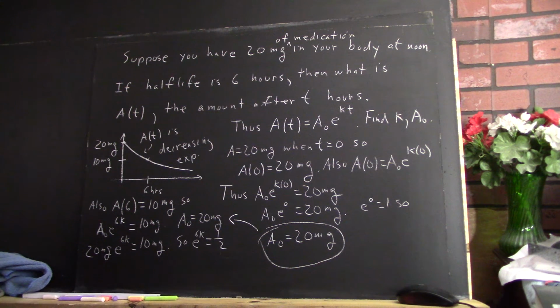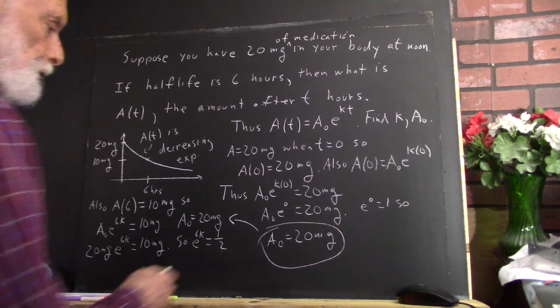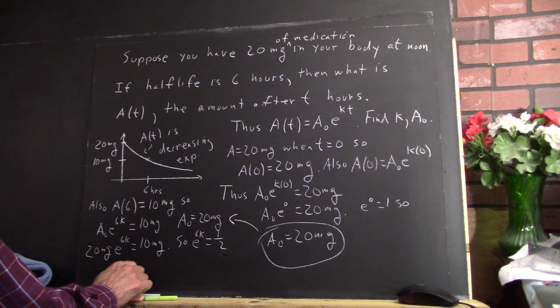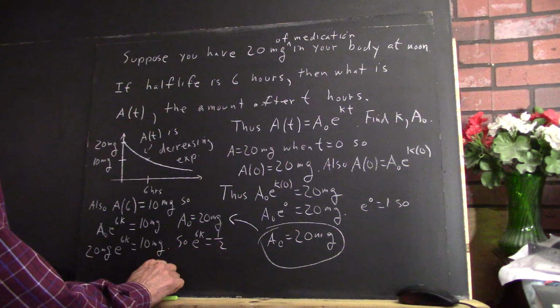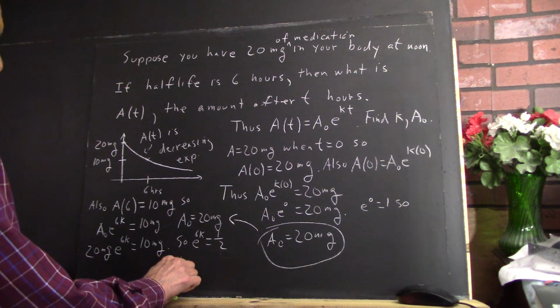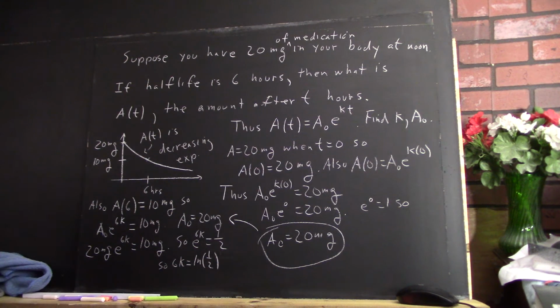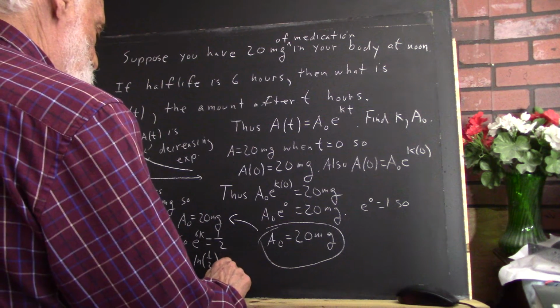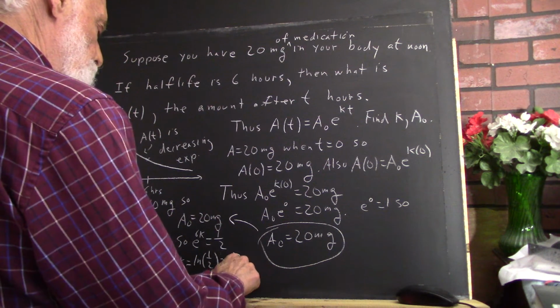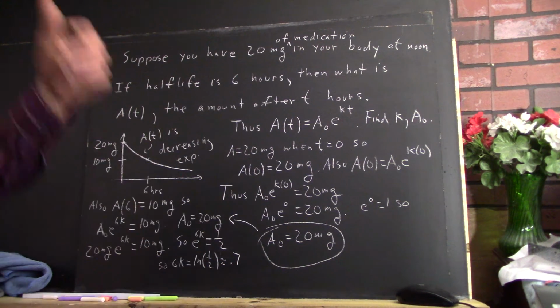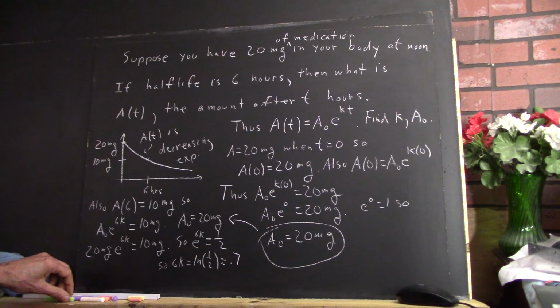If e to the 6k equals 1/2, then we can express this in natural log form. And this tells us that 6k is the natural log of 1/2, and the natural log of 1/2 is pretty close to 0.7. You kind of remember that, it comes up a lot when you're doing half-lives and stuff.